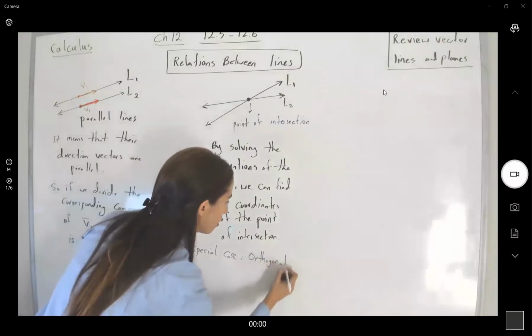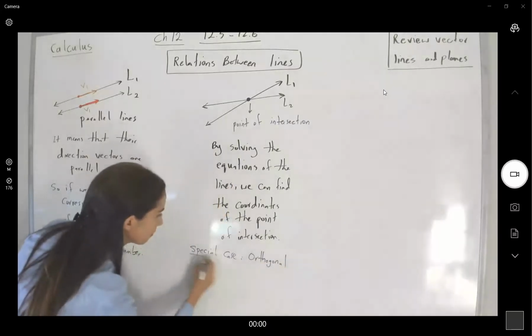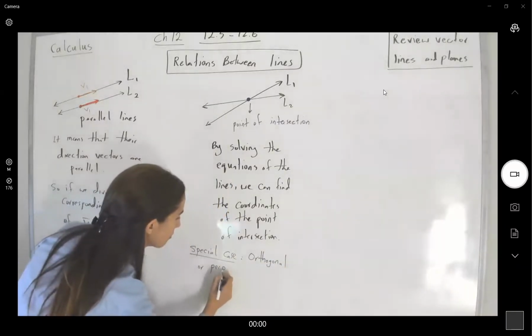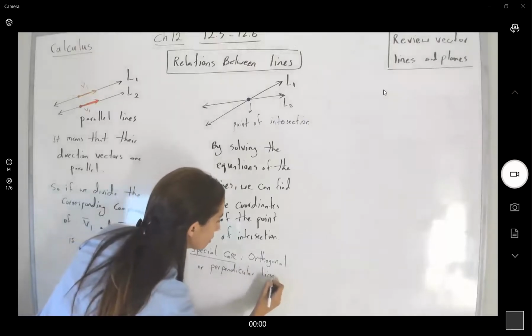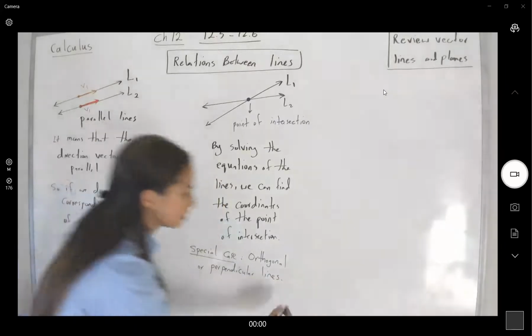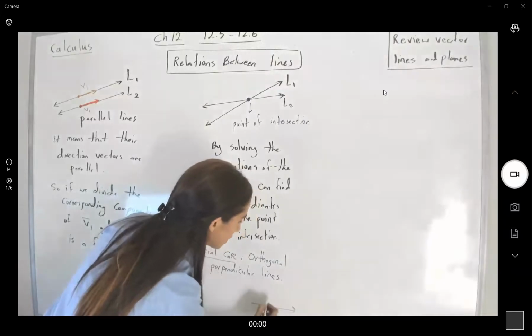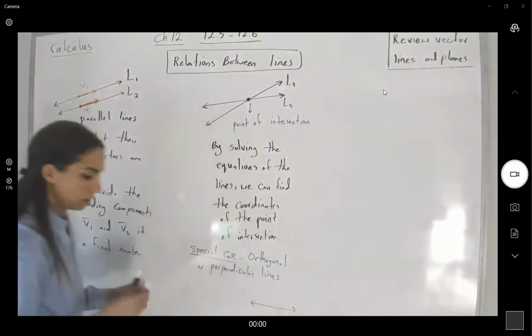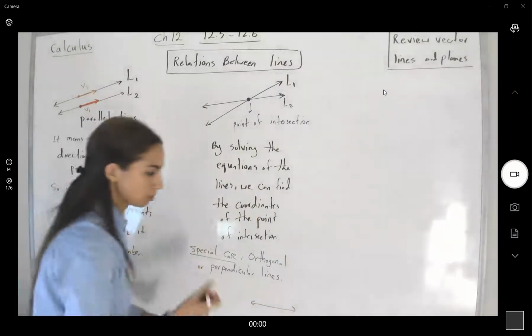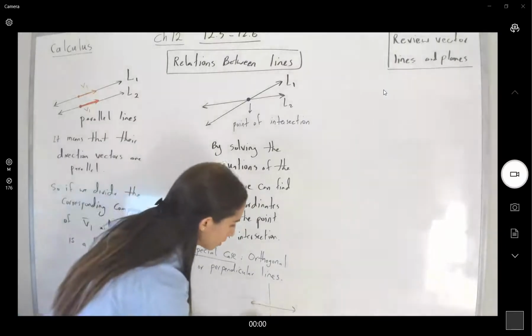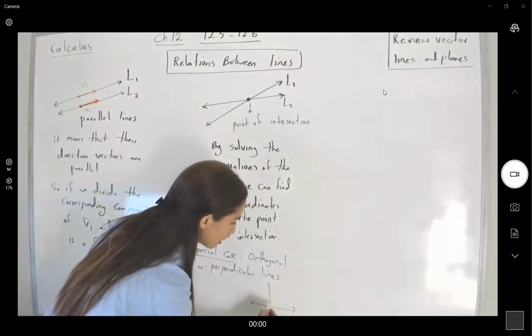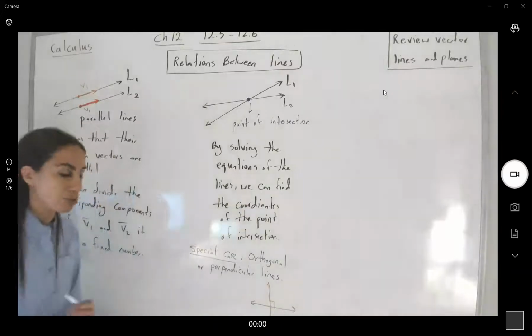Orthogonal or perpendicular lines. It means that the angle between these two lines is 90 degrees. So if you find the dot product of the direction vectors, it is 0.